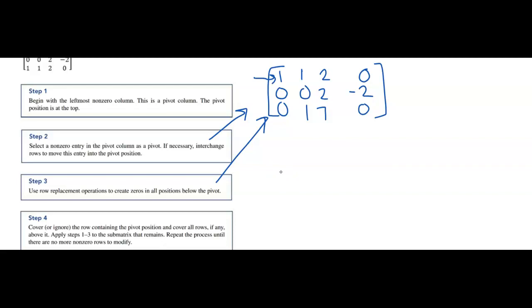Apply steps 1 through 3 to the submatrix that remains. So now if I'm looking at just this piece right here, I want to do that same thing. So pivot column, but I need that to be up at the top. So I need to move these two and replace them with each other.